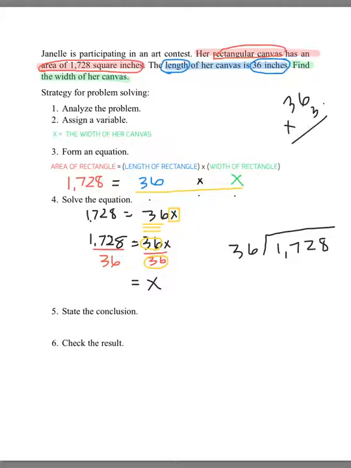So it's going to be 3 times 6, which is going to be 18. So we'll bring down the 8, and we'll remember to add 1 later. So now we're going to do 3 times 3, which is 9, plus 1 gives us 108. 36 times 3 is 108. We want to see what's the biggest multiple of 36 that goes into 172. I think we could go a little bit bigger than that. So let's go ahead and try 36 times 4.